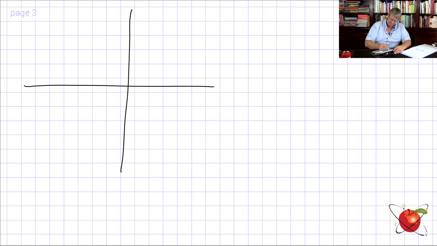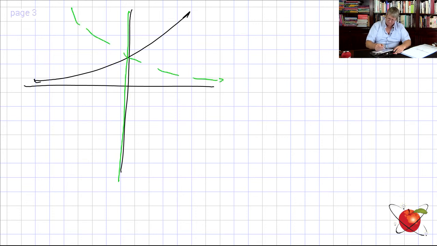Okay? Let's look at flipping, for example, this graph. Okay? If we're going to flip it about the y-axis, let's draw the y in green. It means that is going to do that, doesn't it? If we're going to flip it about the x-axis, it means that point now goes there.